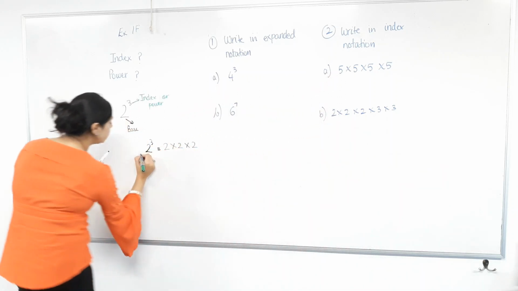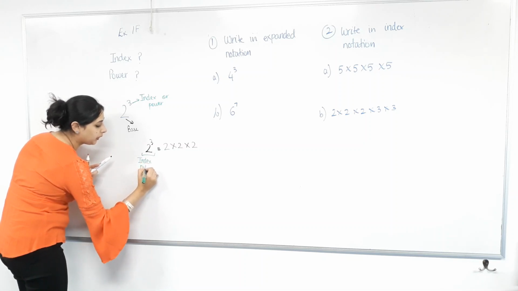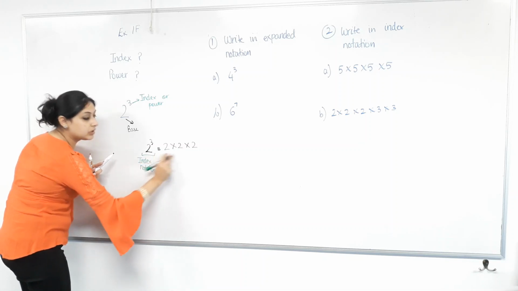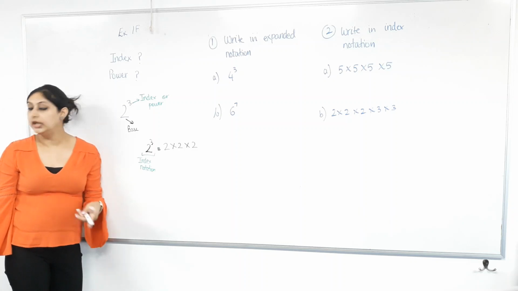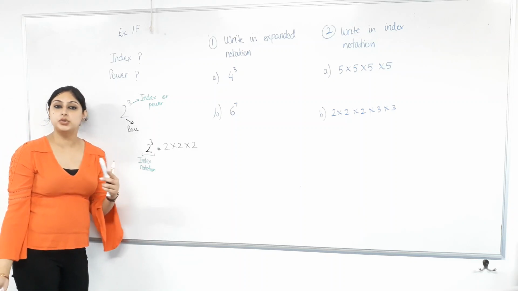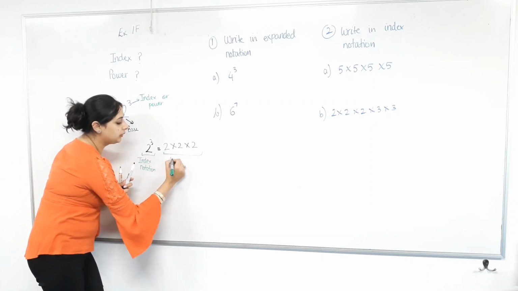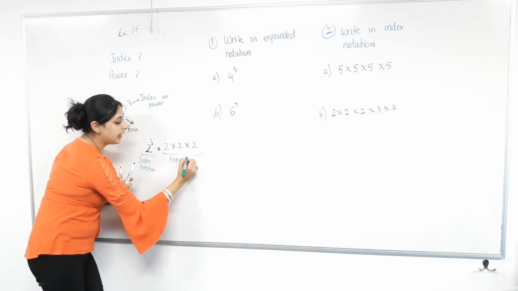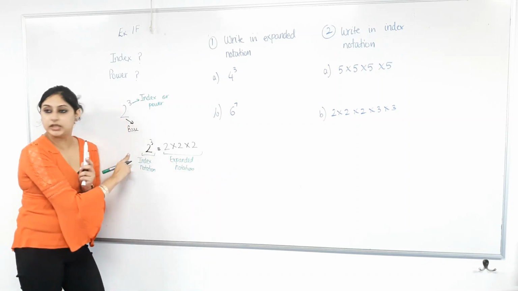So this is the index form or the index notation. When you have not written it in the long form, but you've just taken a shortcut and written 2 to the power of 3. Another way of saying power of 3 is 2 cubed. And this is called the expanded notation. Okay, so do we know which one's the index form?